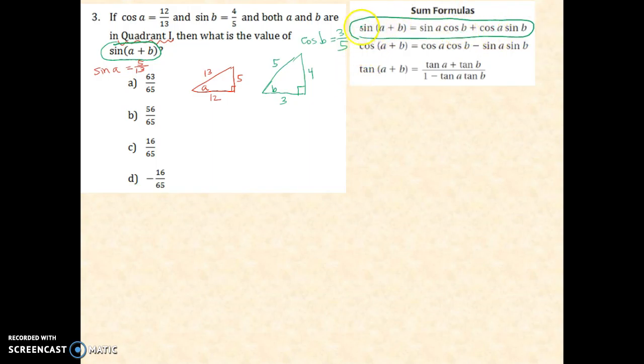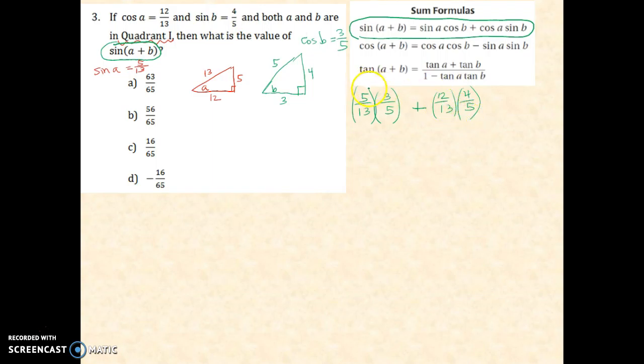So sine of A plus B is equal to sine of A times cosine of B. So sine of A is 5/13 times cosine of B, which is 3/5, plus cosine of A, which is 12/13, times sine of B, which is 4/5.